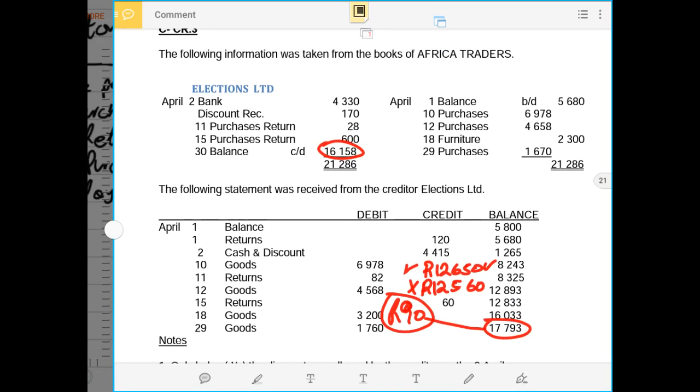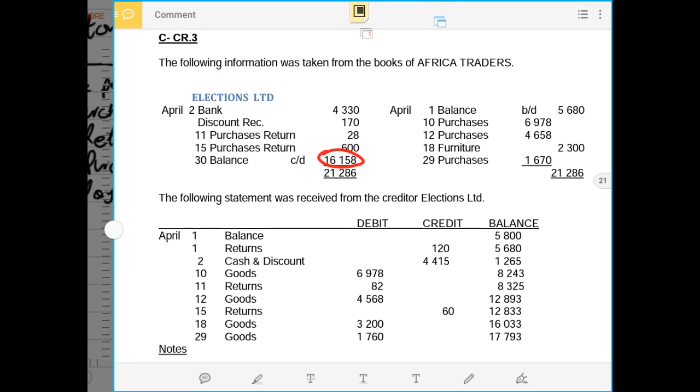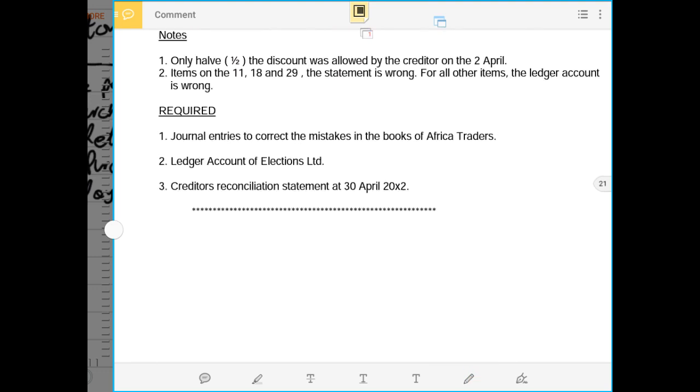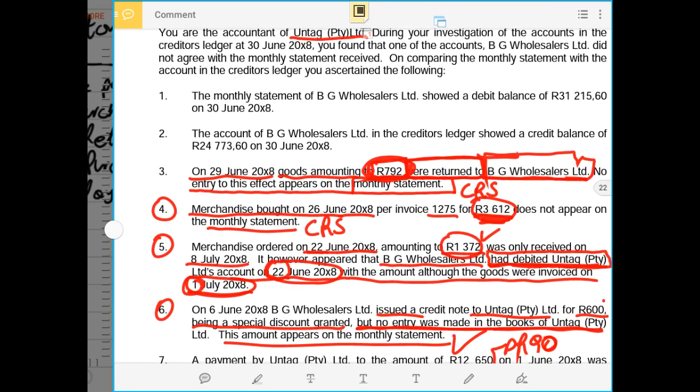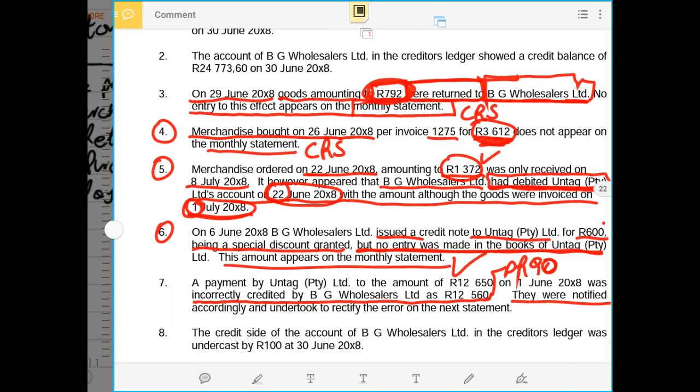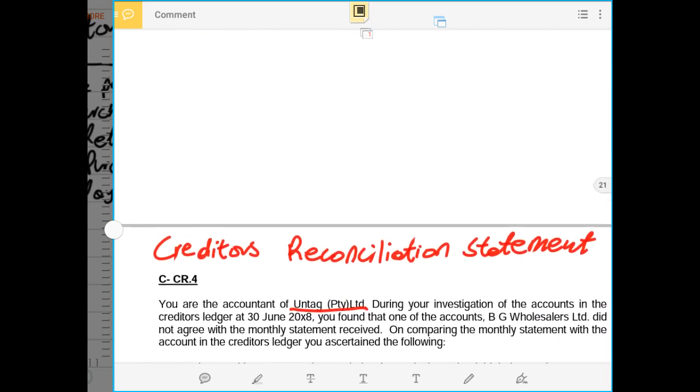Just to compare 12,650 and 12,560, and this amount was for, just to check if there is any further explanation that I might need, 12,560, which was a payment.